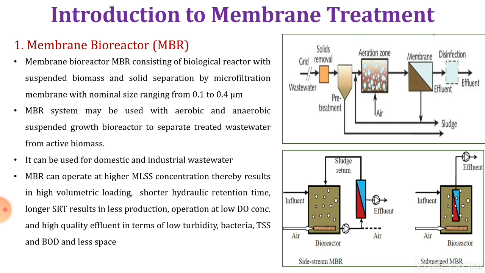Then the bacteria, organic matter and treated wastewater which remain in suspension are taken to the membrane, where the membrane filter filters the effluent and separates the effluent and the solid mass or the organic mass. Organic matter in the form of sludge is taken out, and the treated effluent is taken to the disinfection plant.